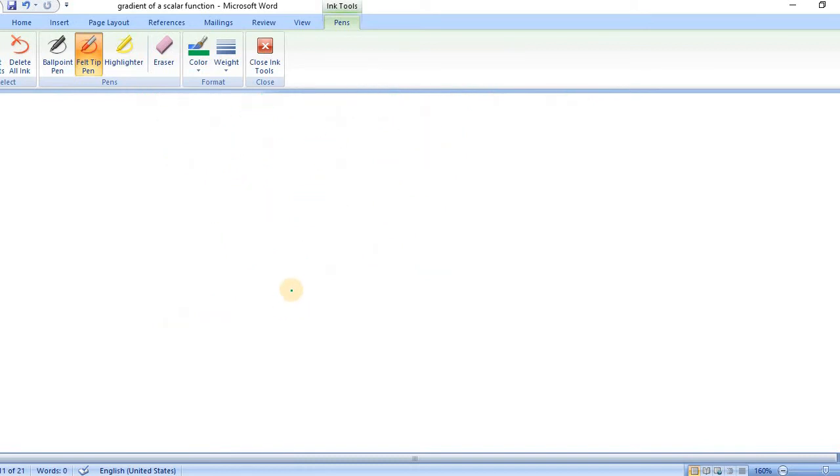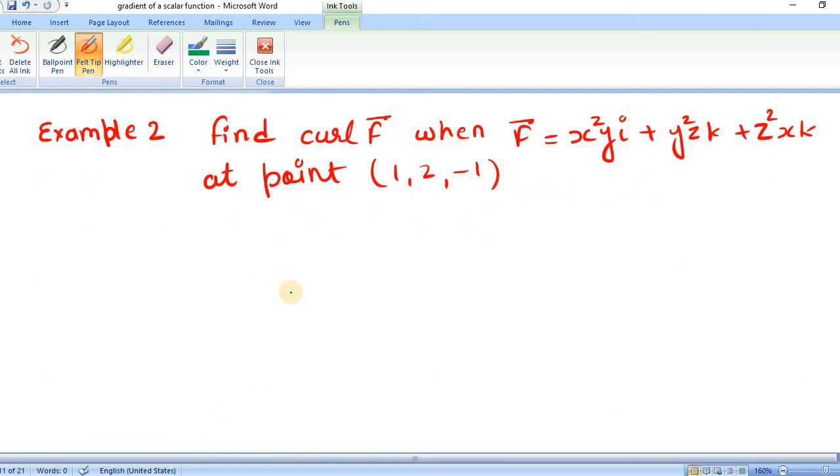Now let us see one more example based on the curl of f. Here we have to find out the curl of f when the vector f is equal to x square y i plus y square z k plus z square x k at the point (1, 2, -1). So let us write the definition of curl of f.